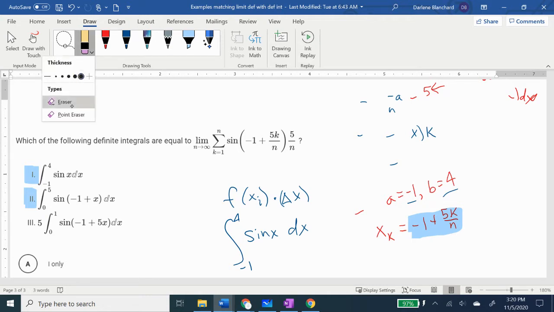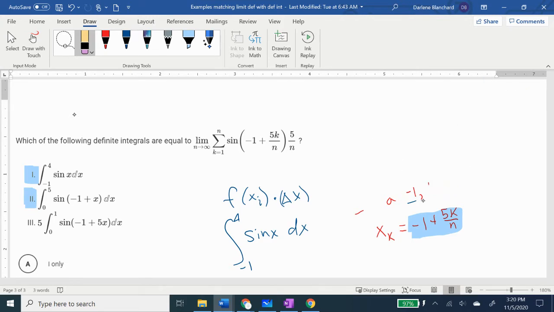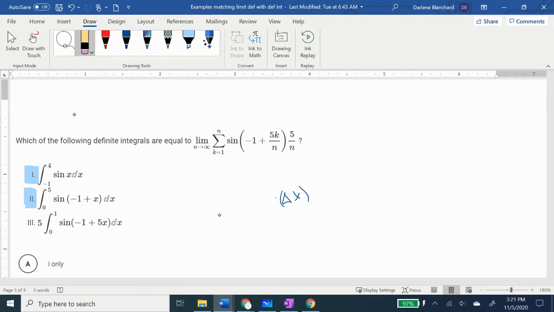I need a bigger eraser. Again, I have a delta x, which is (b minus a) over n. And instead of making it 5 over n, we could make it 1 over n.